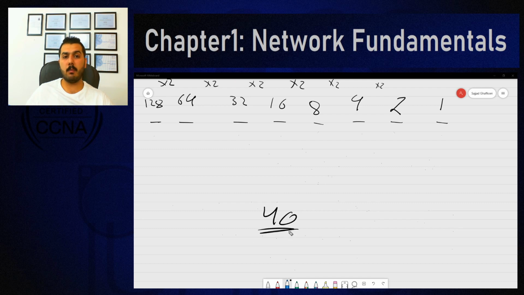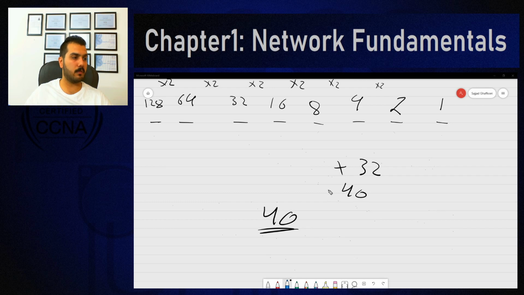How do we express number 40 in the binary language? Number 40, the most corresponding number to 40 here is 32. Okay, let's make use of 32 plus, what do we need more to combine with 32 to obtain 40?